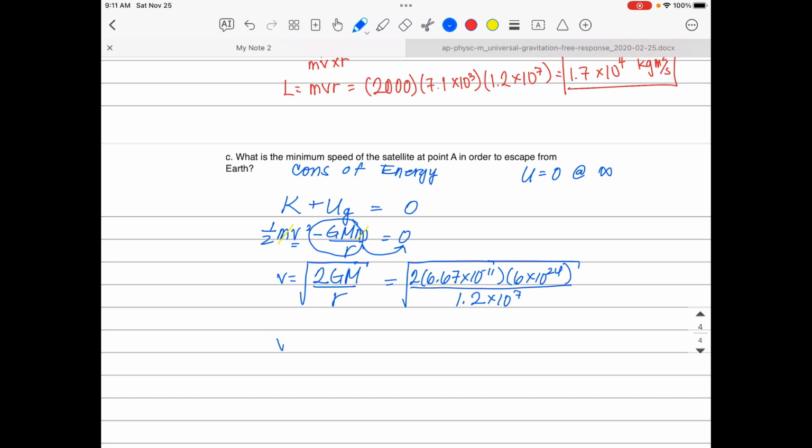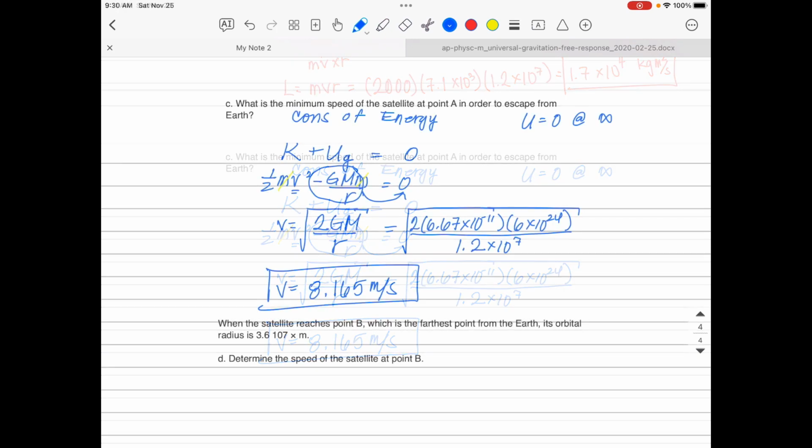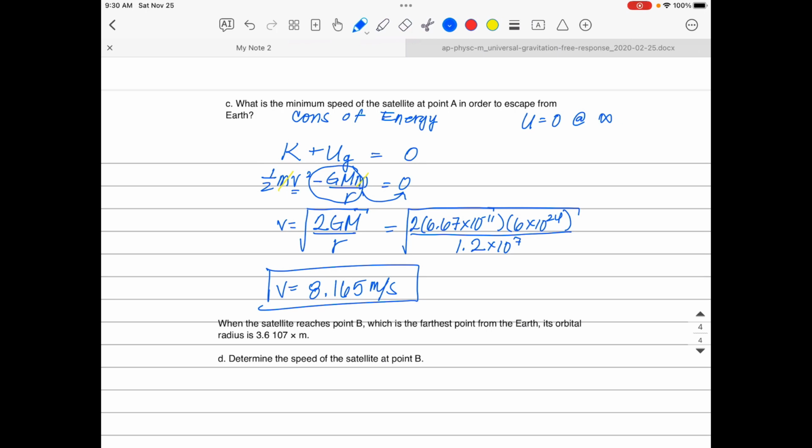And then when you plug it into your calculator, you get 1.65 meters per second. For part D, we've got the satellite on the opposite side of Earth, and it's the furthest point from Earth. Its radius is 3.6 times 10 to the 7th. Ignore the notation here. And it says, determine the speed of the satellite at point B.